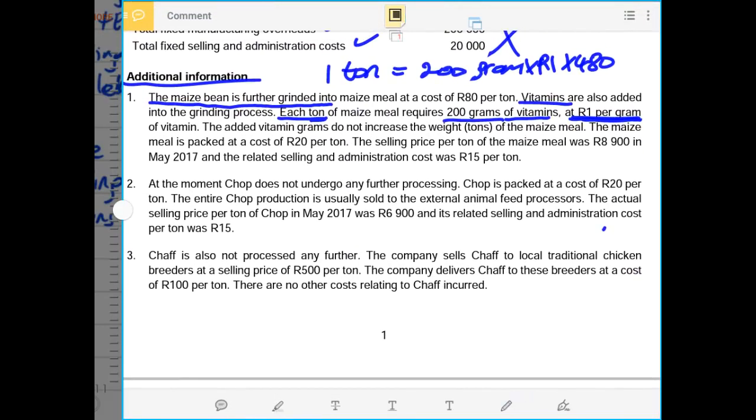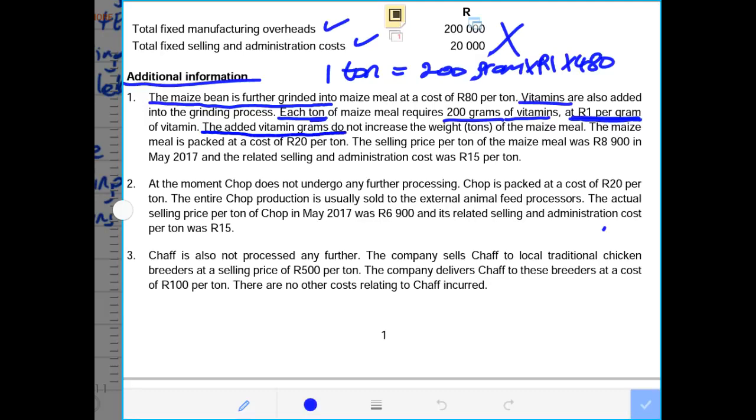Then let us proceed to the next one. It says the added vitamin grams do not increase the weight of the ton of the maize meal. Okay, they just gave us further information that vitamins don't change the weight. The maize meal is packed at a cost of 20 Rand per ton. So there is a cost that we incur further.